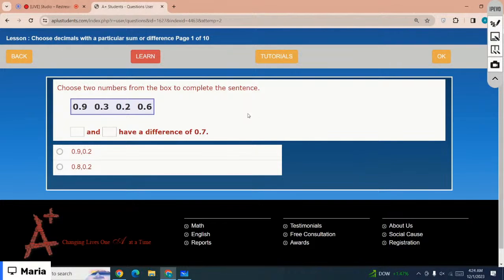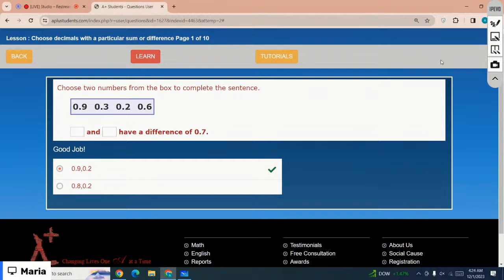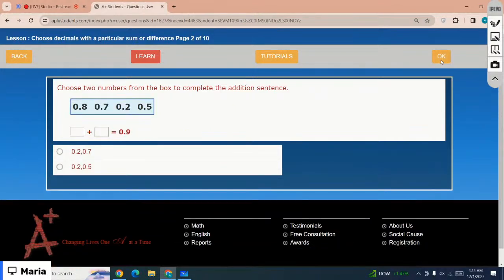Yes, option number one is the correct option, that is 0.9 and 0.2. Their difference is 0.7, right?